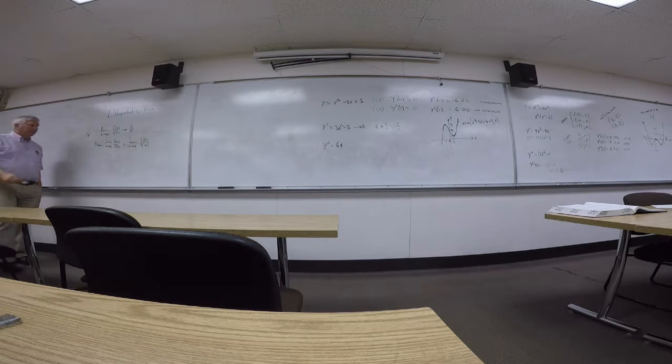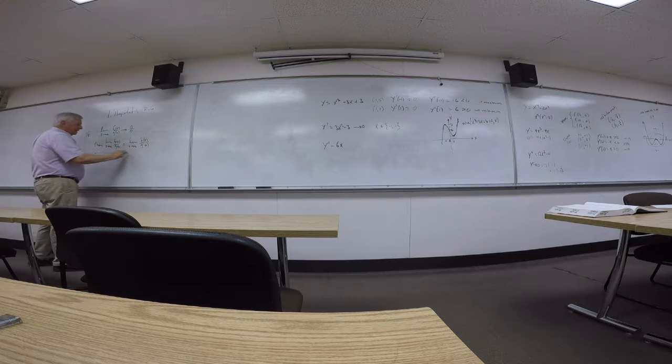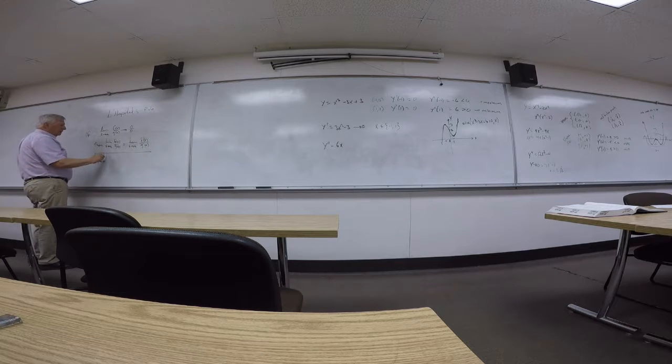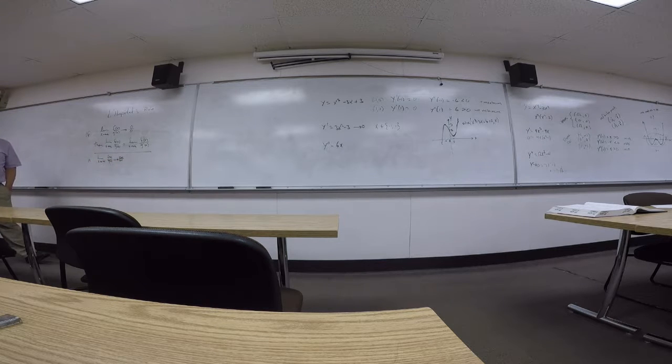That's the first case. The second case is if the limit as x increases without bound in the positive or negative direction of f of x over g of x takes the form of infinity over infinity, then this still applies.